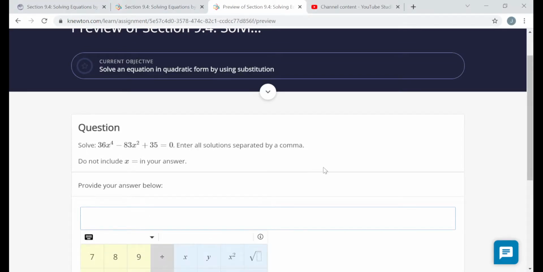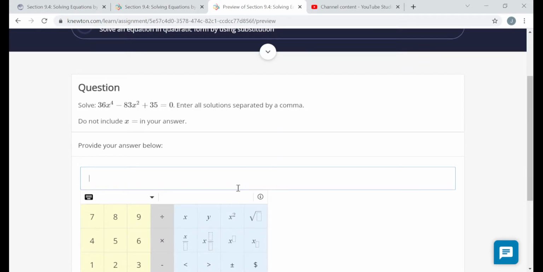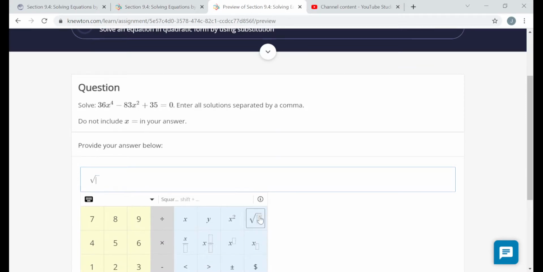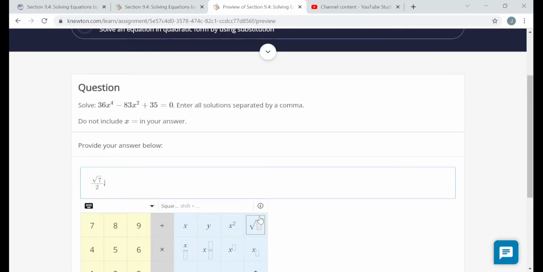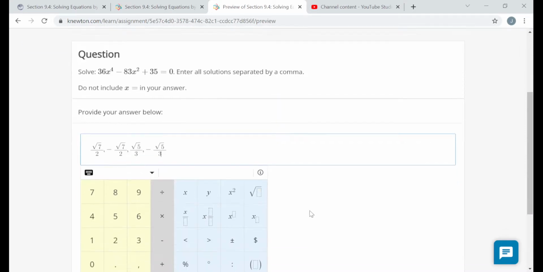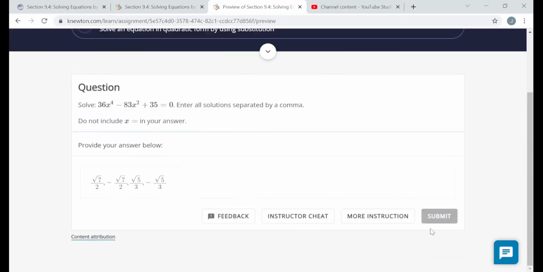I enter all solutions separated by a comma. That's all 4 solutions that I had written up on the previous page.